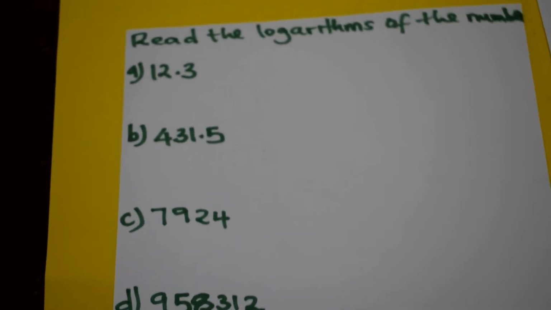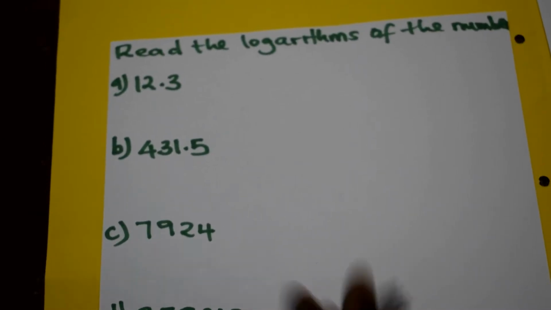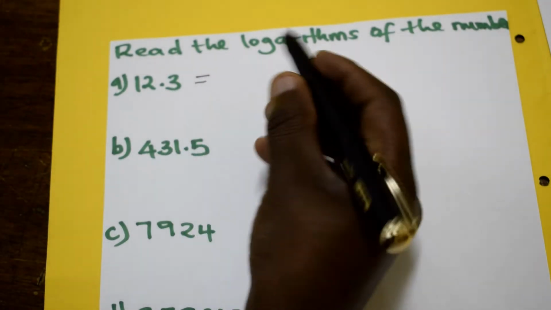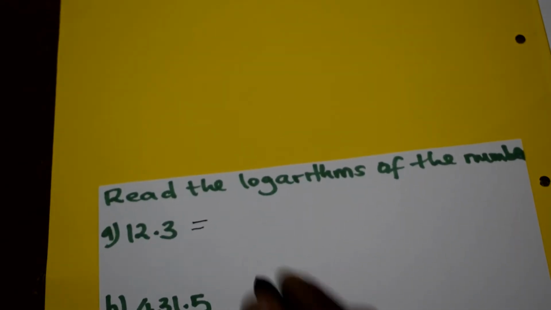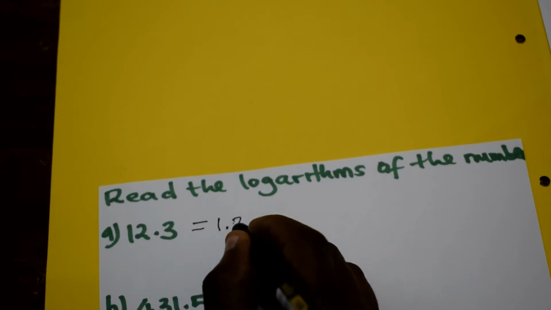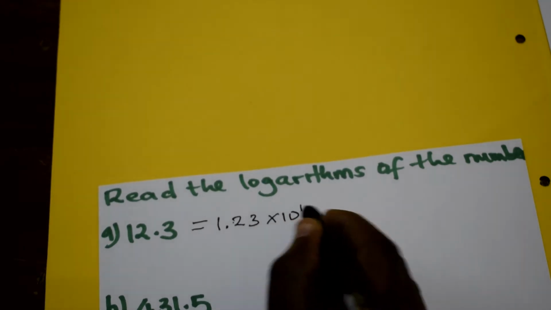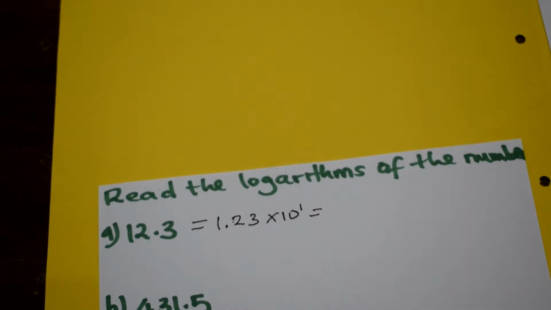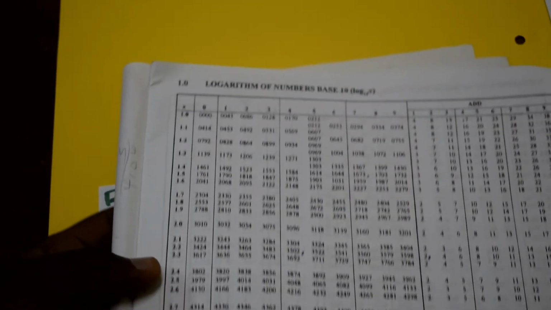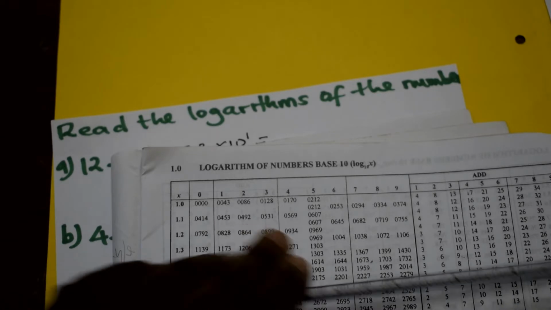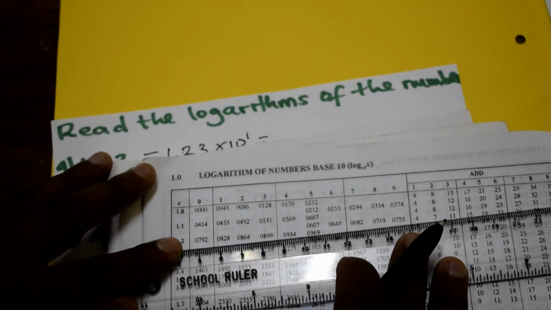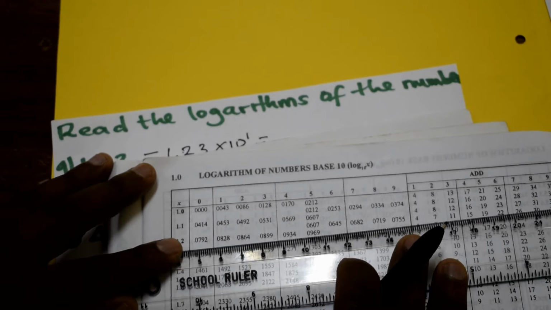The first number is 12.3. We have to write this in standard form, so this will be 1.23 times 10 power 1. We go to the row of 1.2 on our mathematical table, and you can use your ruler here.